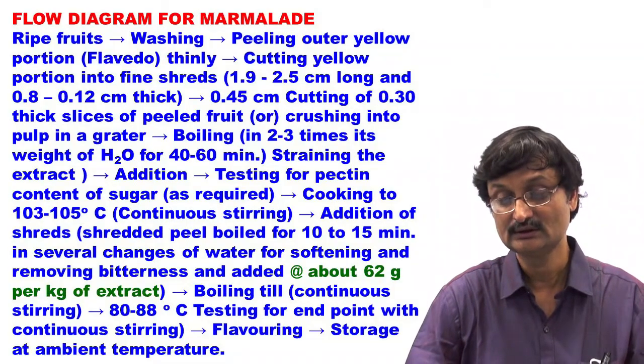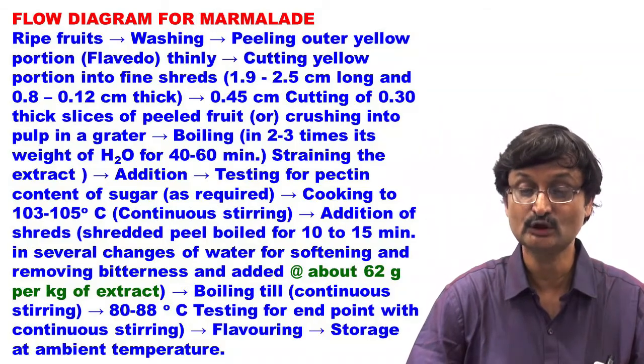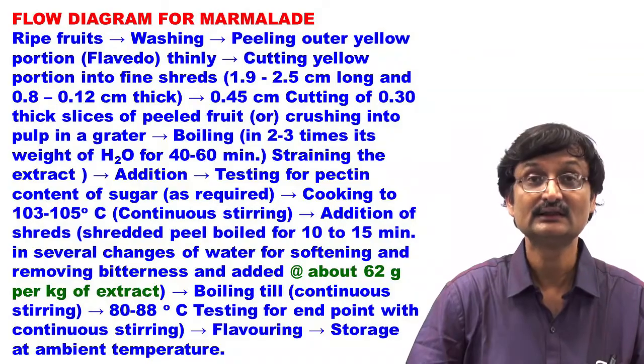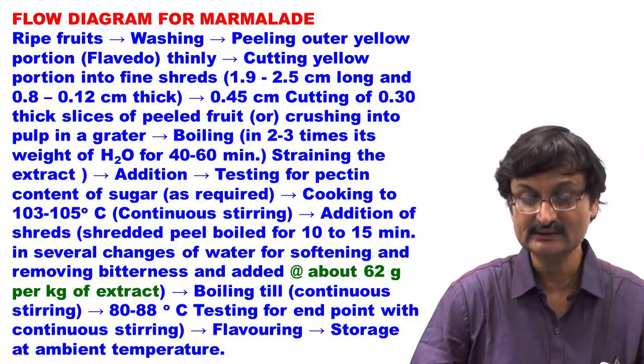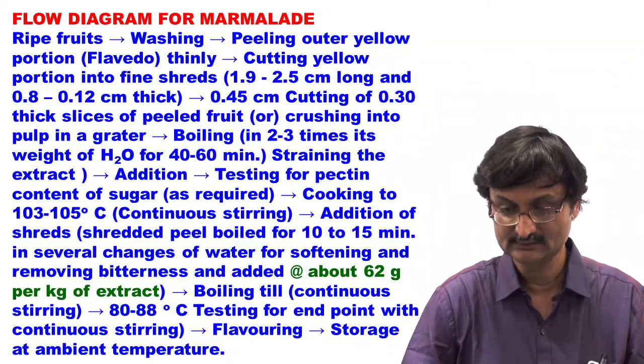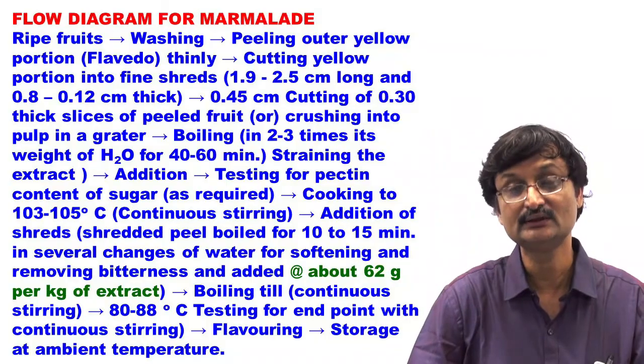Now it is boiled in 2 to 3 times its weight of water for 40 to 60 minutes. The extract is strained and then the pectin test is done. Cooking to 103 to 105 degrees Celsius.